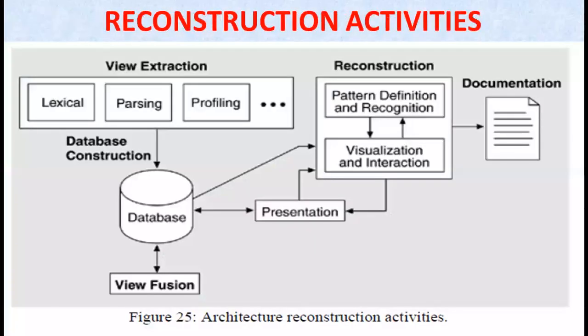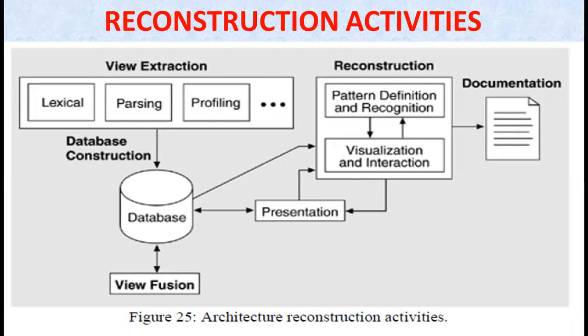Now let us see the reconstruction activity. As we might expect, the activities are highly iterative. This particular figure depicts the architecture reconstruction activities and how the information flows among them. The reconstruction process needs to have several people involved. These include the person doing the reconstruction and one or more individuals who are familiar with the system being reconstructed.